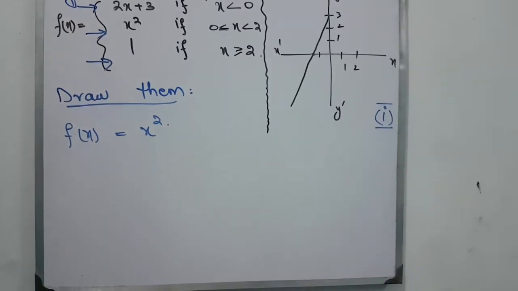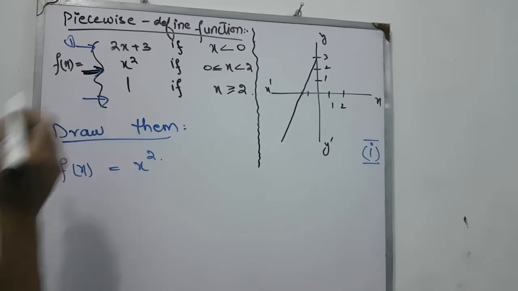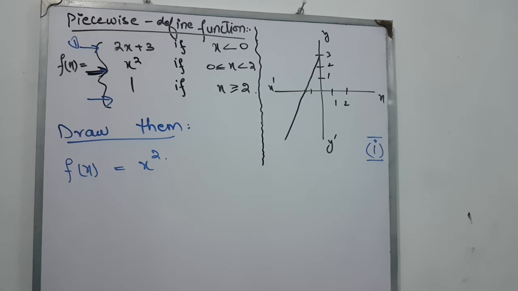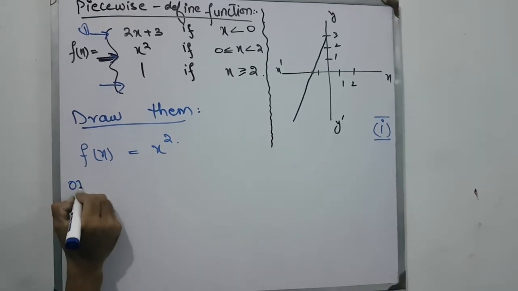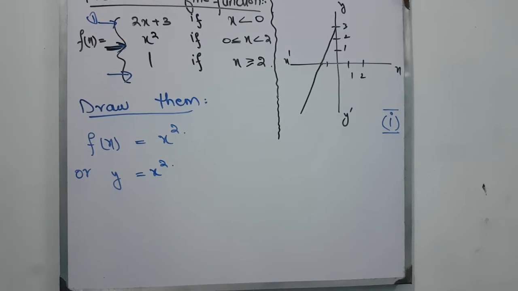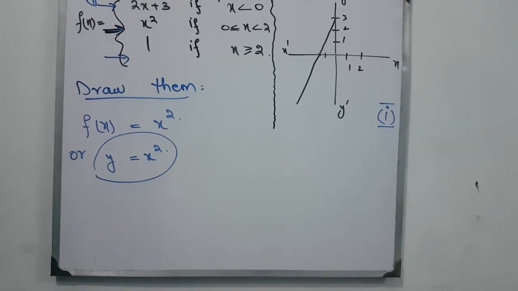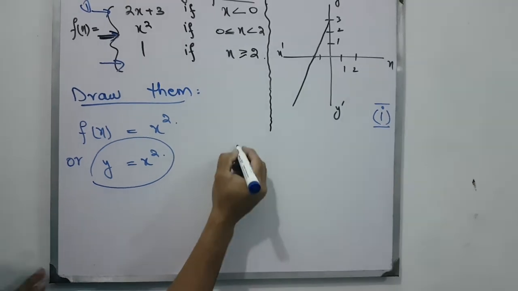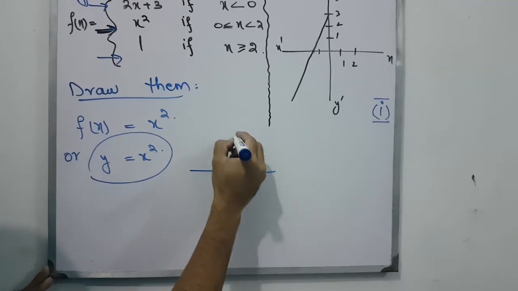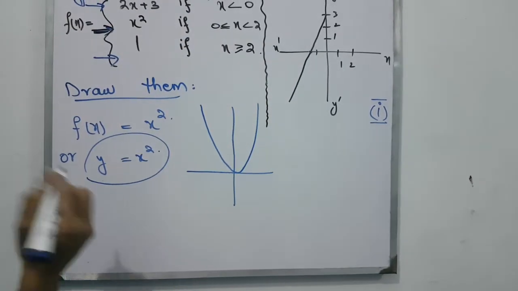Okay. Now I write the second expression, which is x square. f of x equals x square, or y equals x square. This is a parabolic equation, with the parabola along the positive y-axis like this.